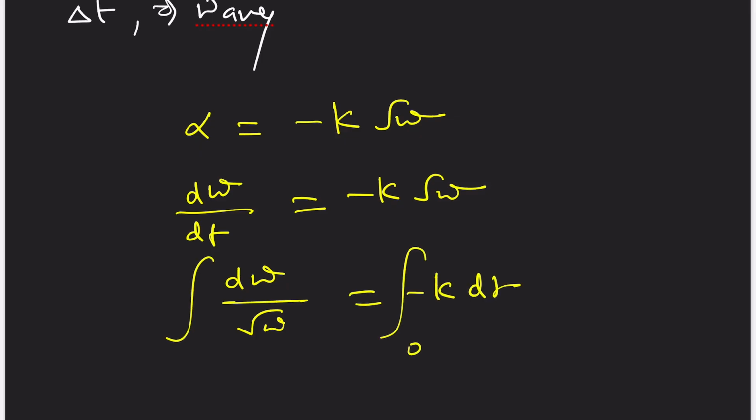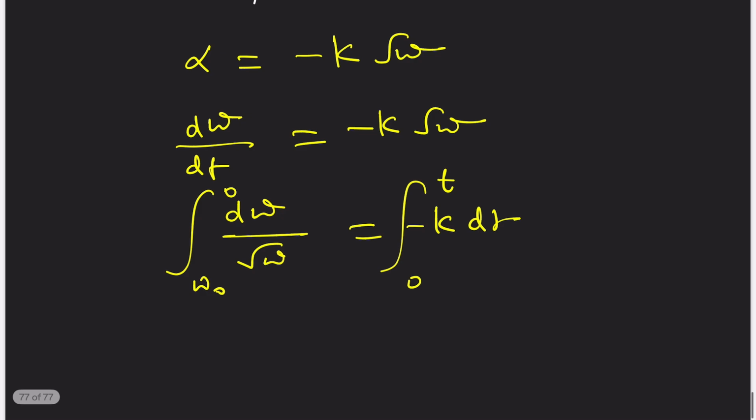Integrate this again. At t equal to 0, your velocity was omega naught, and at t, your velocity becomes 0. The integration of 1 by root omega is 2 root omega. I generally remember that the integration of 1 by root x is 2 root x, and it saves a lot of time.